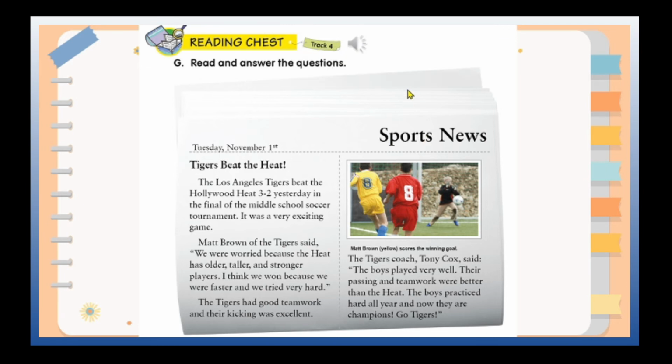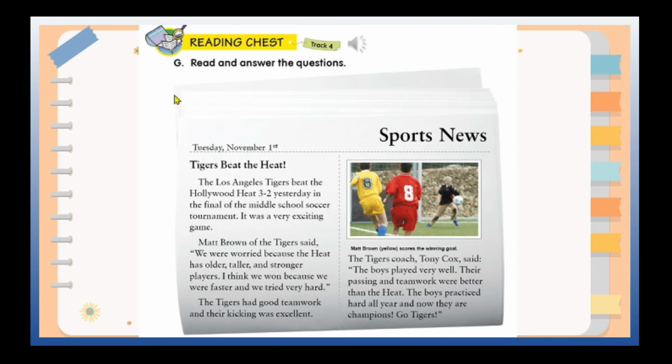Track 4. Reading chest. Page 15. G. Read and answer the questions. Tuesday, November 1st. Sports news. Tigers beat the Heat. The Los Angeles Tigers beat the Hollywood Heat 3-2 yesterday in the final of the middle school soccer tournament.